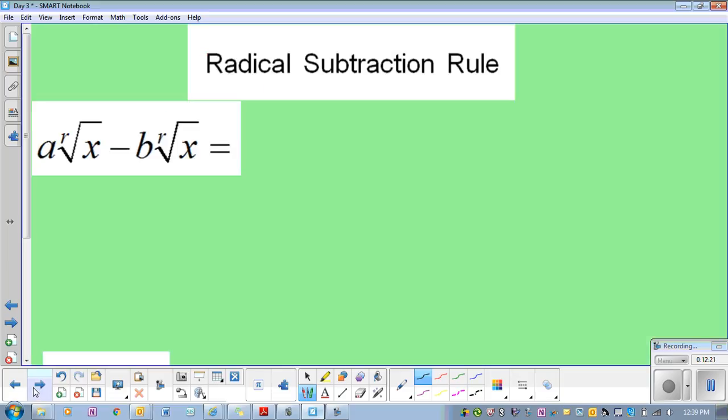All right. So the subtraction rule is the same as addition. Your root has to be the same, and the stuff inside the radical has to be the same. But this time you're not doing a plus b. What are you doing? A minus b, because it's subtraction.